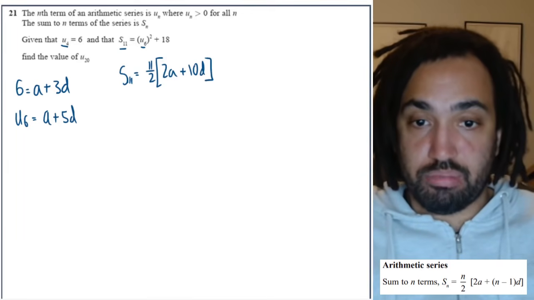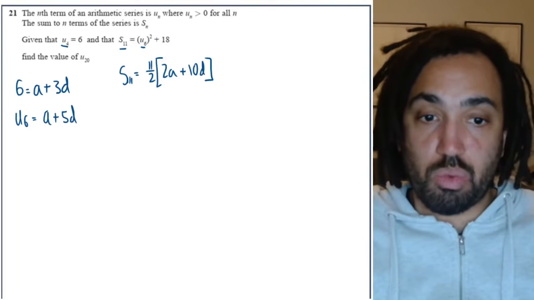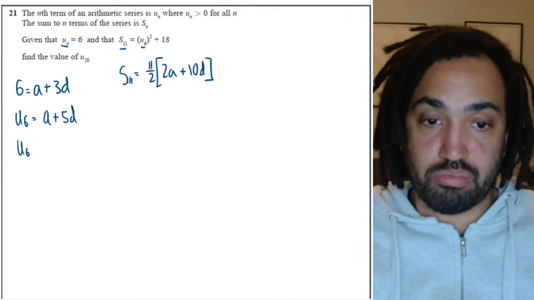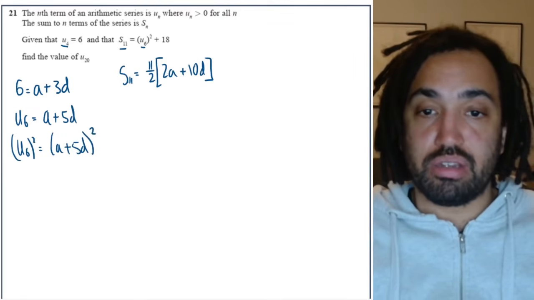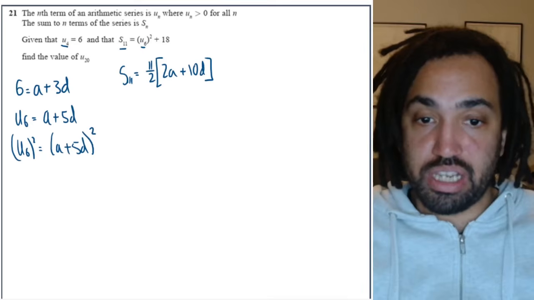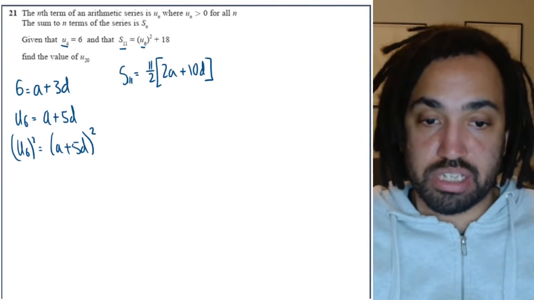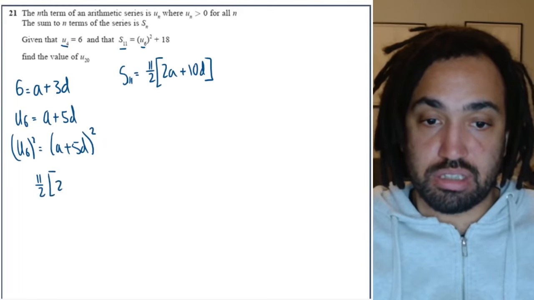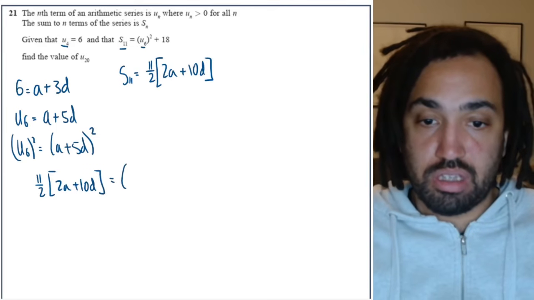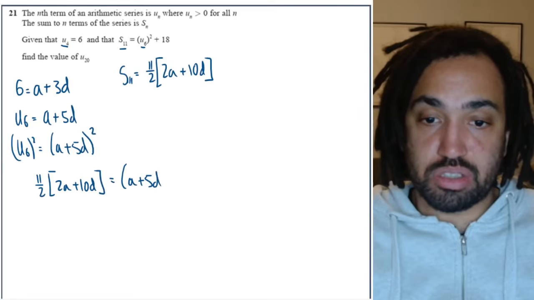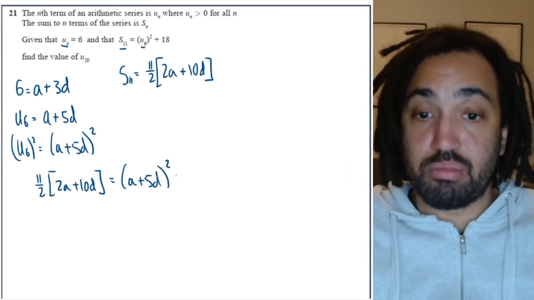Okay, so we're told that if I square U6, which I'll do like this, and add 18 to it, it should equal S11. So that is what my equation is going to be. It's going to be S11, which is this, is going to equal U6 squared, which is this, plus 18.